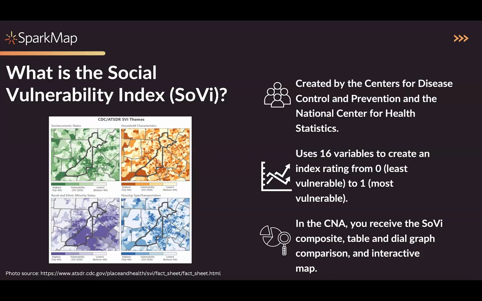When you include this indicator in the Community Needs Assessment, you will receive the Social Vulnerability Index score for your area, plus a table comparing your county to the state and national average, a dial chart with this comparison, and an interactive map of your area. This indicator is available at the state, national, and county level for all subscribers, custom areas for premium subscribers, and the zip code level for premium annual subscribers.